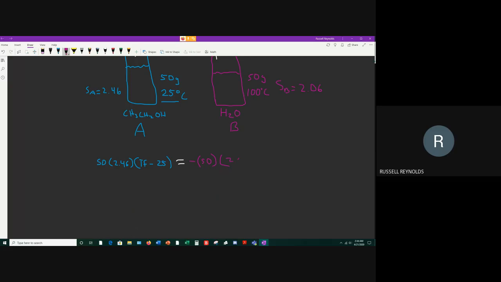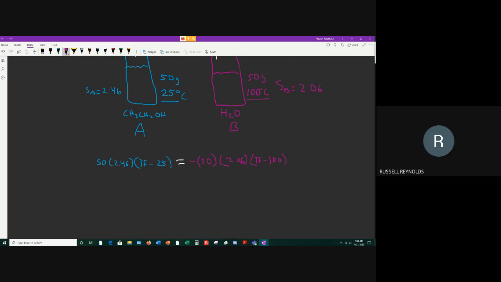So we'll put that here. And we're also going to tear apart delta T, and we're going to rewrite it as TF, so final temperature, minus our initial temperature, which is that 100 degrees. So we'll put that 100 here.